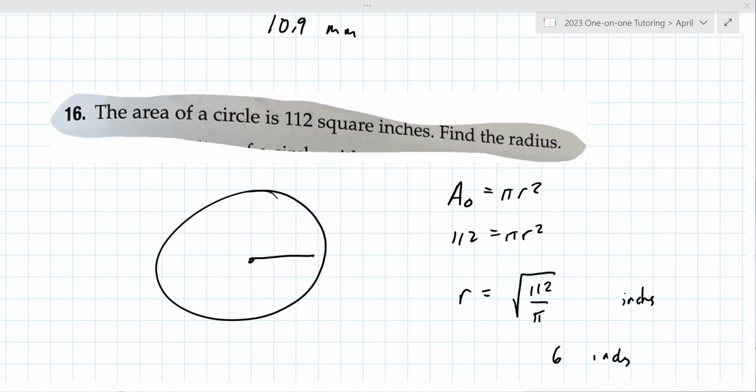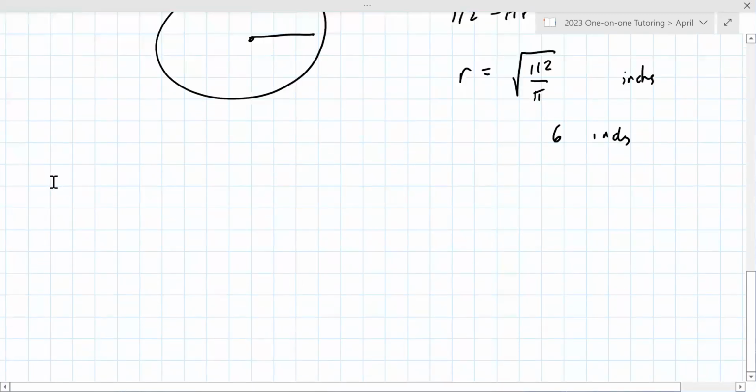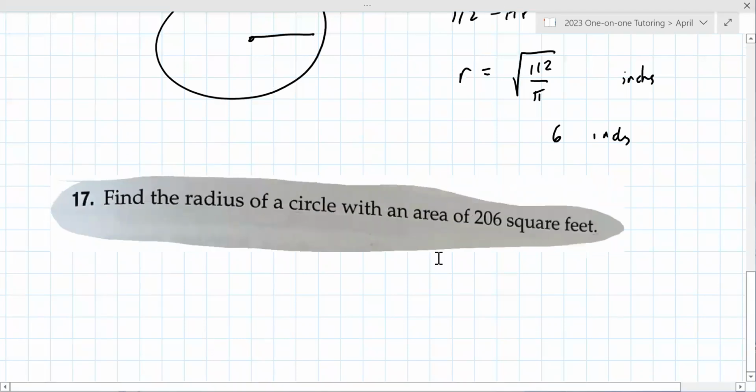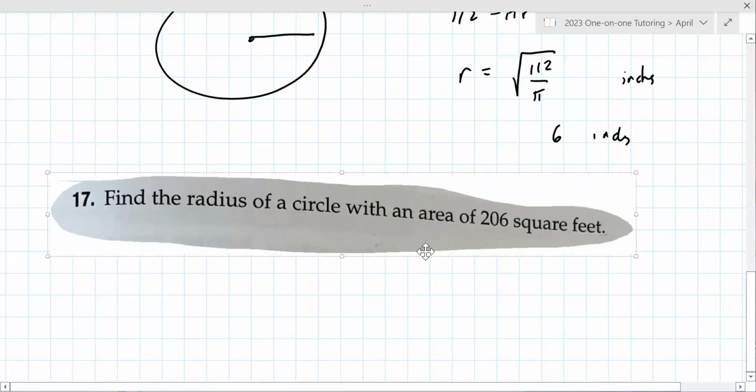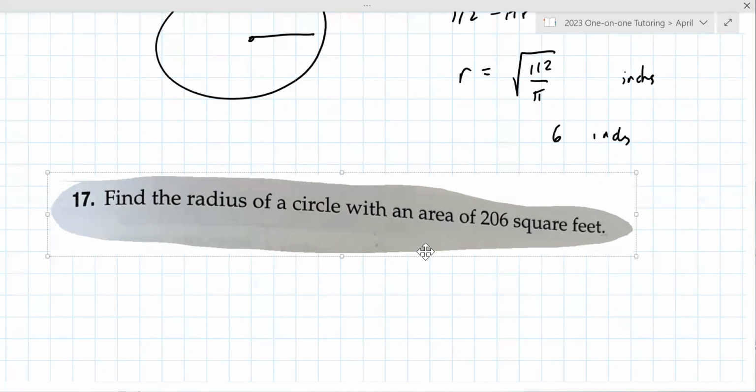For 17, make sure you give me the correct units on that one. That's good. I got 9.1 feet.